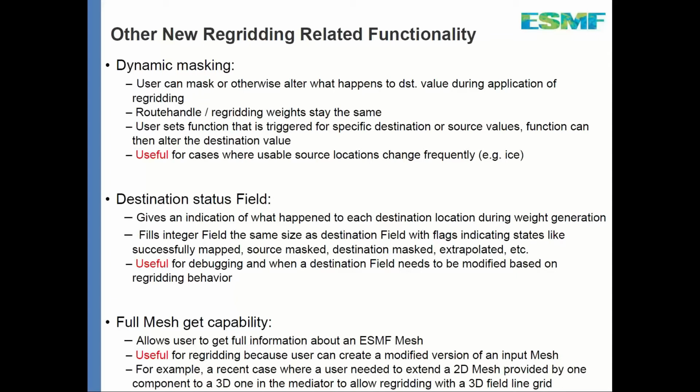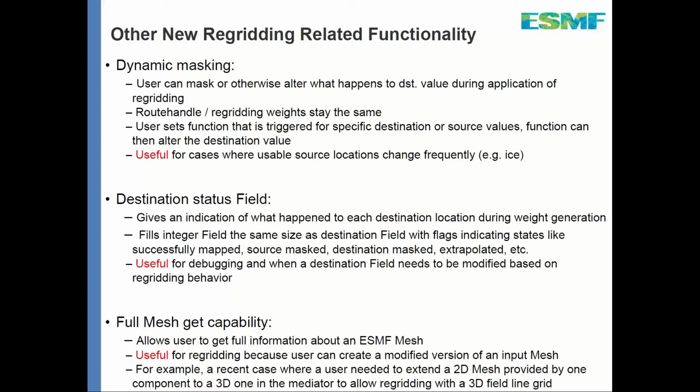So dynamic masking lets you set a source and a destination trigger value, and a function in the regrid weight application. If one of those trigger values shows up in the source field or in the destination field, then the regridding calls a user-defined function that lets you change the output to the destination of the regridding.